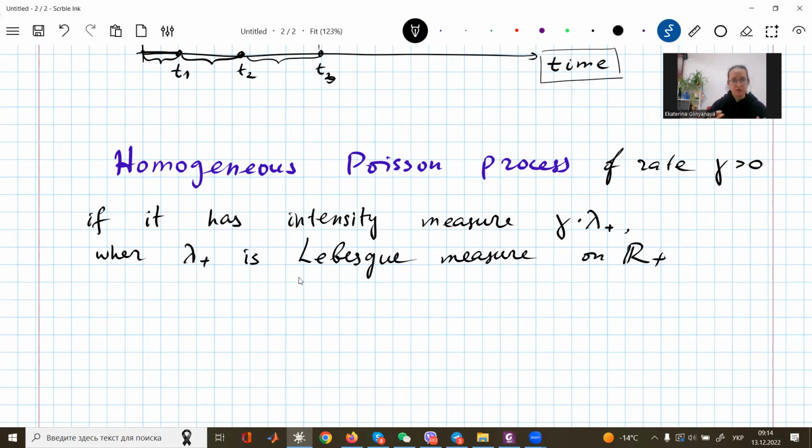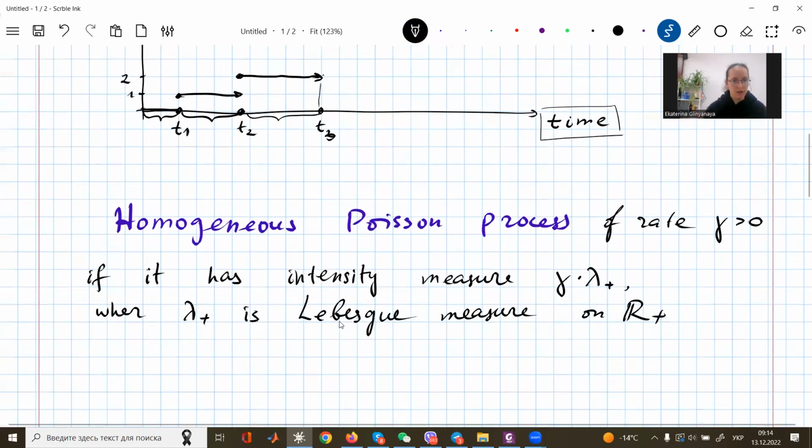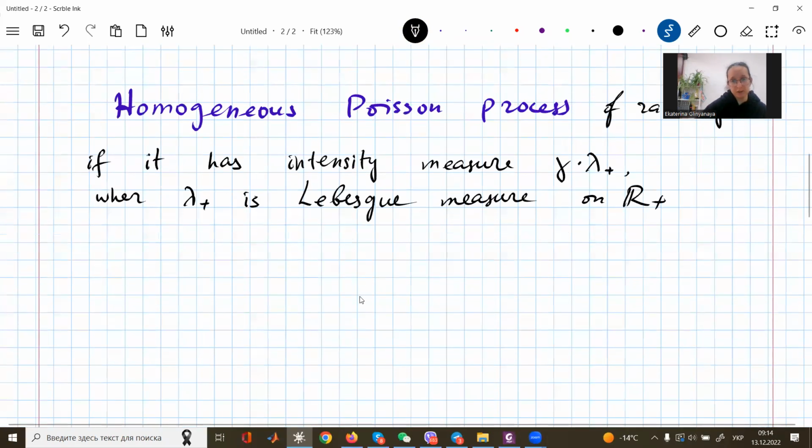So the intensity measure of a Poisson point process is just some number times Lebesgue measure on the half line.